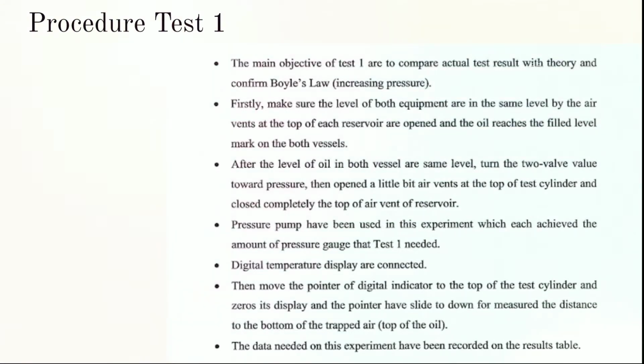Then move the pointer of the digital indicator to the top of the test cylinder and zero its display, and slide the pointer down to measure the distance to the bottom of the trapped air. Lastly, the data needed for this experiment is recorded in the result table.